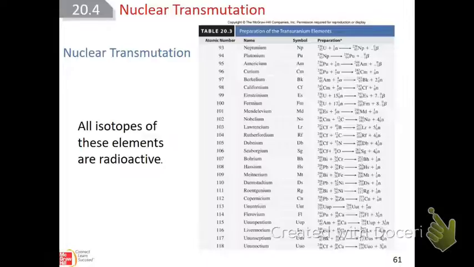Eventually they started using the Latin for the number, for 114, 115, and so forth. Those last ones, like 115, 117, 118, ununoctium, that's the Latin. That just means 118.